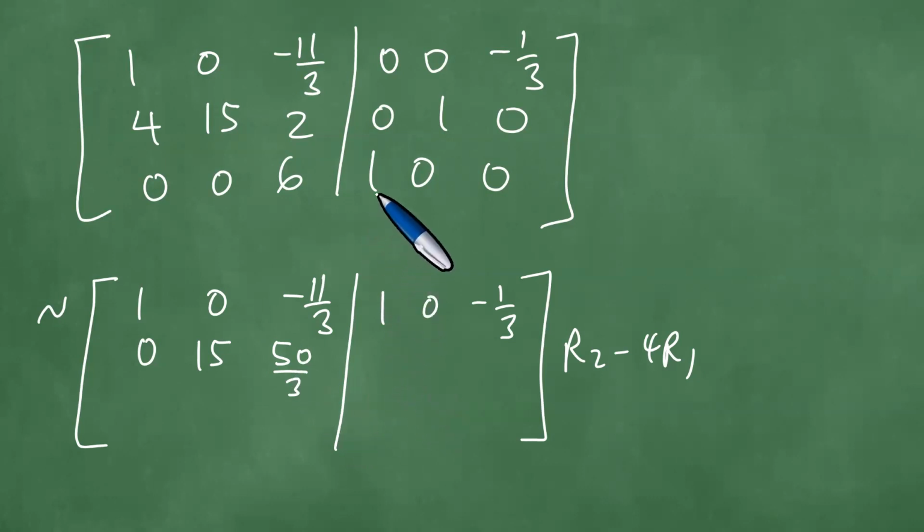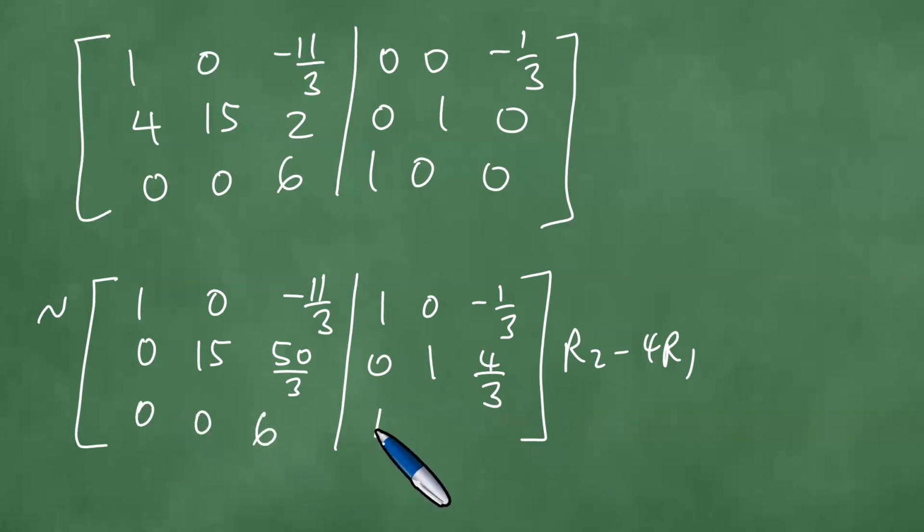And then, okay, so this one, 0. This one, 1. This one, 4 out of 3. 0, 0, 6. 1, 0, 0.